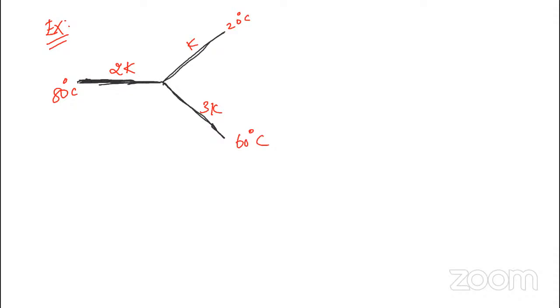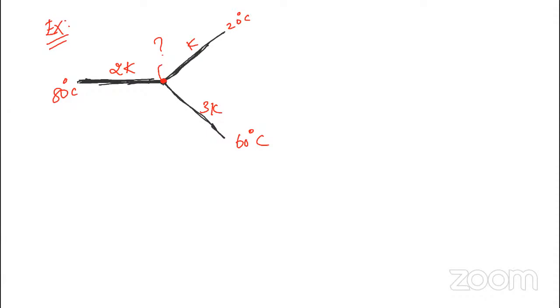Okay. So now what is the question? The 3 rods are meeting. That meeting point, we call it a junction, right? At the junction point, what would be the temperature? Okay, that is the question.